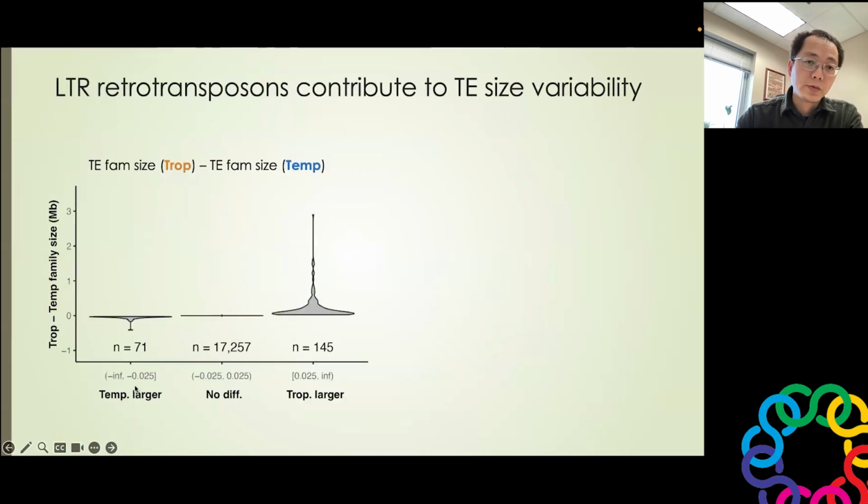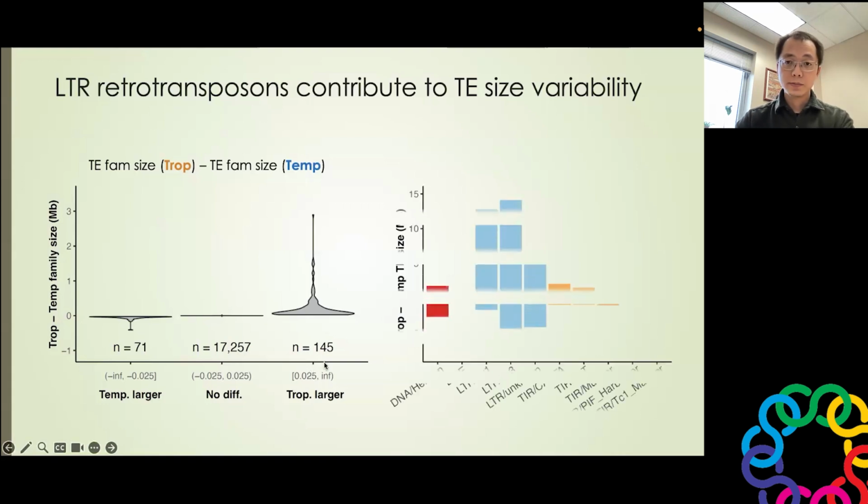So we put them into three categories: families larger in temperate genomes, basically no difference, and families larger in tropical genomes. So you see more color in this category. That means families are generally larger in tropical maize genomes, and there are 145 of them, larger than 25 kilobases on average. So this is not a huge number.